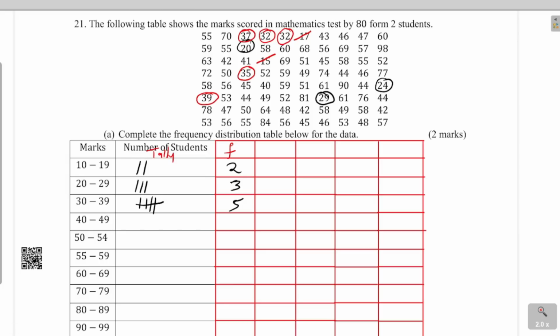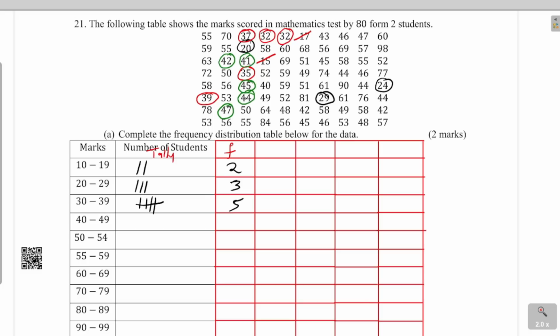40 to 49. 1 is there. Another one is there.